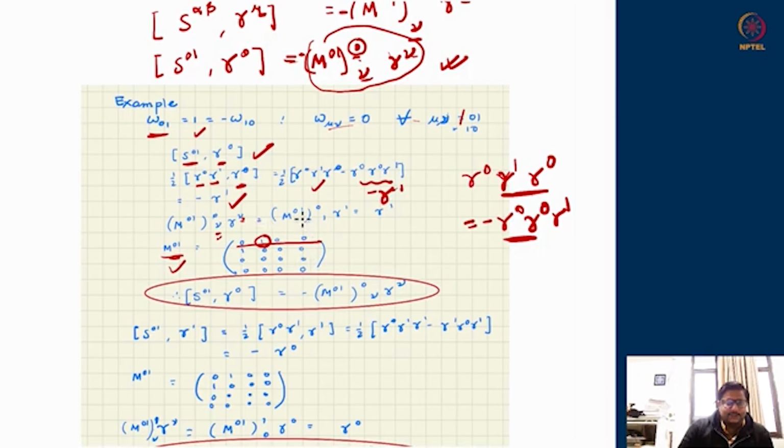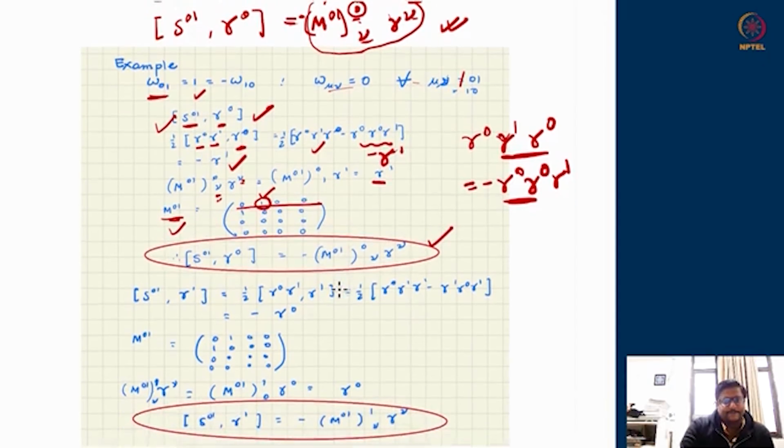So in this summation, only one term is going to survive with value 1, and this will become gamma 1. So indeed, it is the negative of the commutator. So S01 gamma 0 is indeed negative of minus M01 0 nu gamma nu. So at least we have verified for this pair 0, 1 and mu equal to 0, it works out.